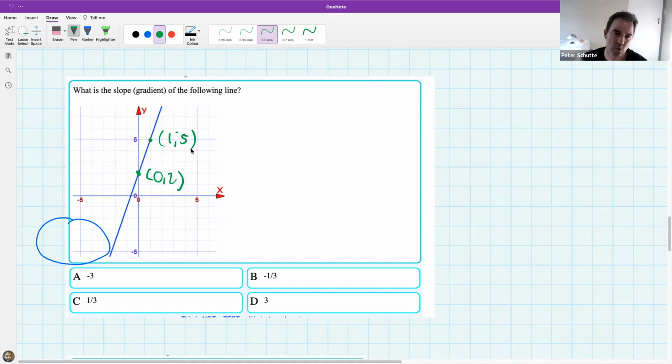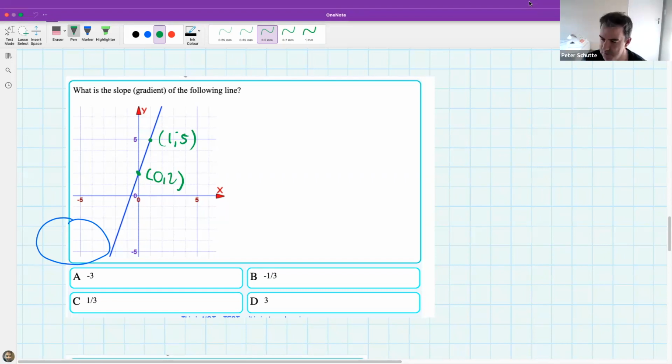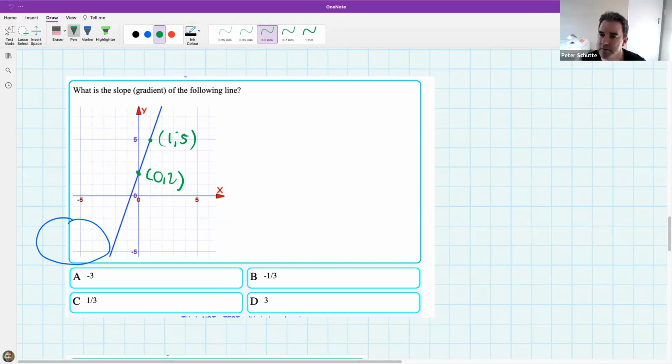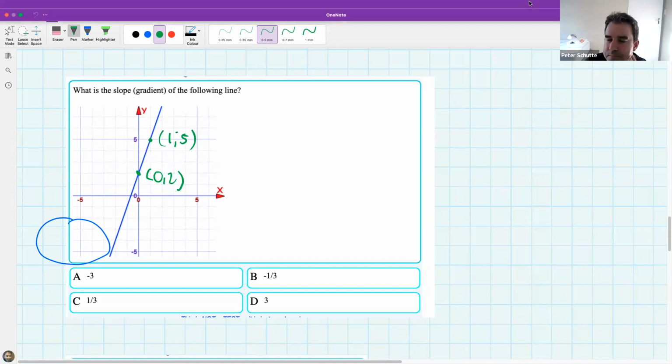What do you think the gradient of this straight line is? I'd love to hear from students because there are different ways you can do this. And so who would like to share how they're doing it? Which way did you use, or what thinking were you using when you tried to answer this question?